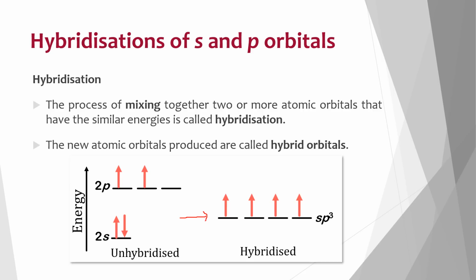The sp3 hybridized orbital will use all of the s orbital and all of the 3 p orbitals. So that's why it is s and p3. All of the s orbital is used and all of the 3 p orbitals are used, so you will get sp3 hybridized orbitals.